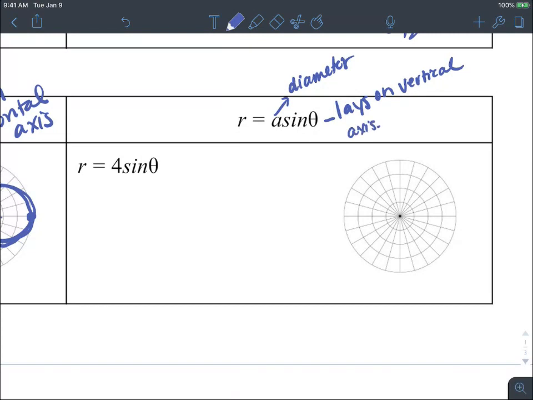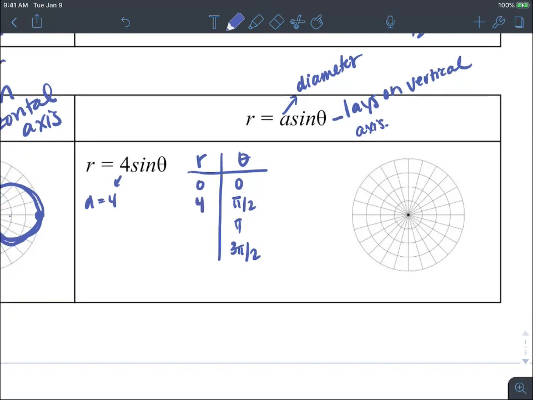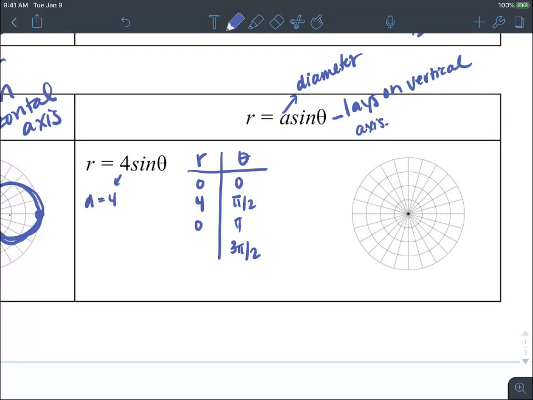Okay, so my diameter is equal to 4, and then I'm going to make a table of r and theta. I have 0, pi over 2, pi, 3 pi over 2. At 0, my radius would be 0. If I plug in pi over 2, that's 1 times 4 is 4. At pi, I'm back to 0. The sine of 3 pi over 2 is -1, so -4.